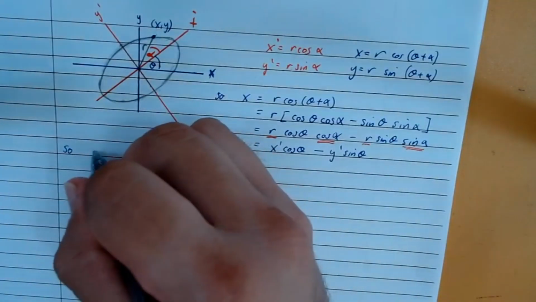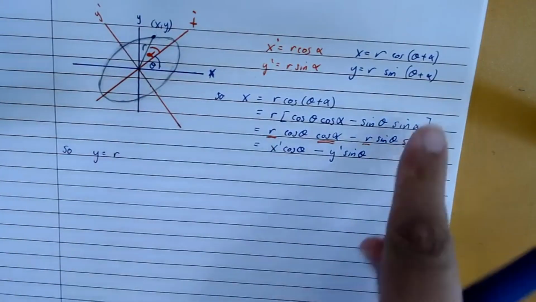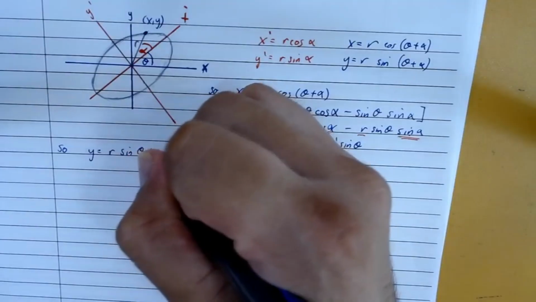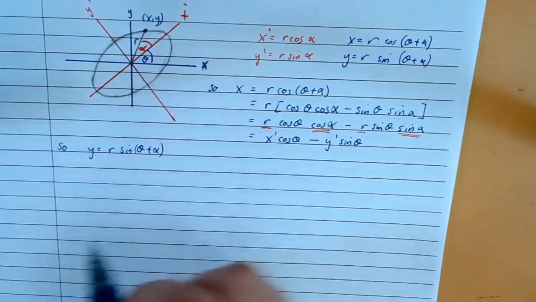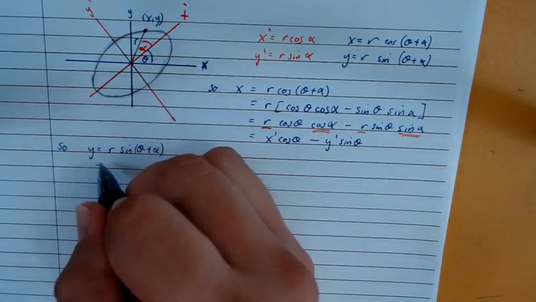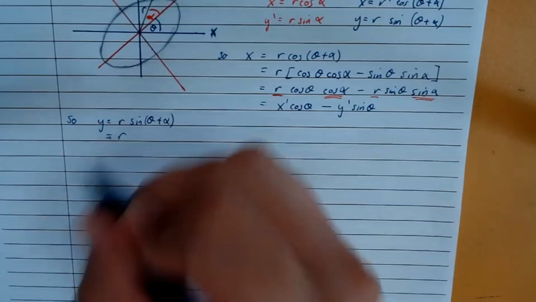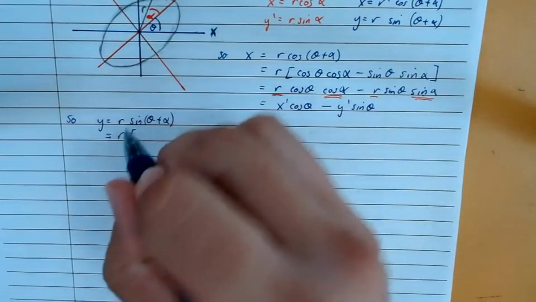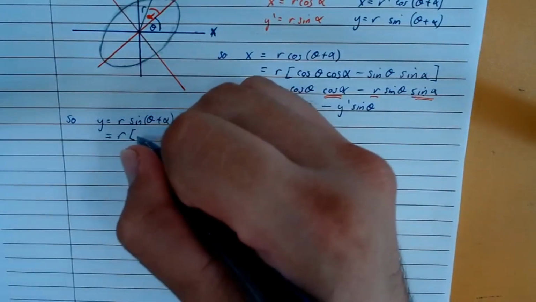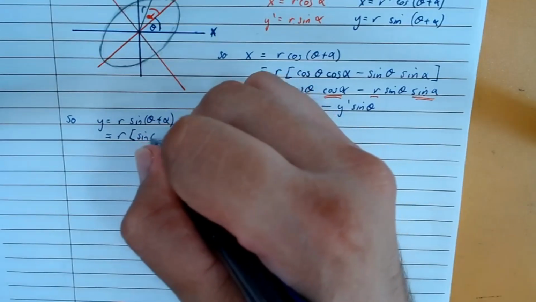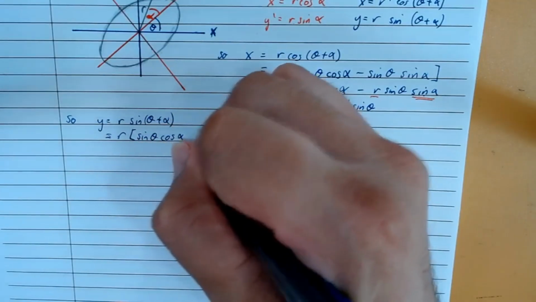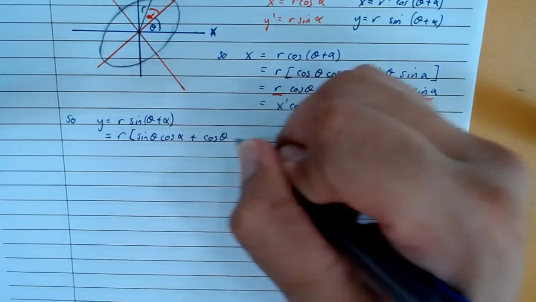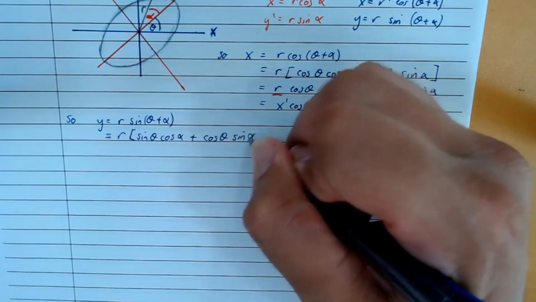So here we have y is equal to r sine of theta plus alpha, like this. But of course, now we can go ahead and use the sum formula for the sine function. So that's r times, and here we have this sine of theta plus alpha will be replaced by sine of the first angle times cosine of the second angle, plus the cosine of the first angle times the sine of the second angle.